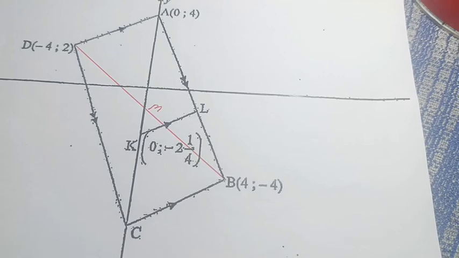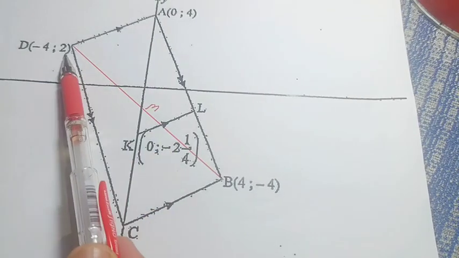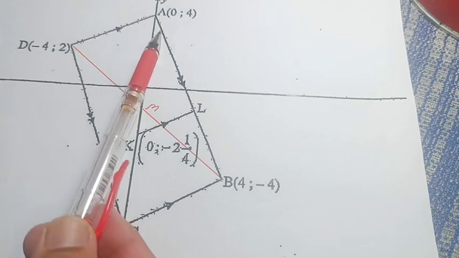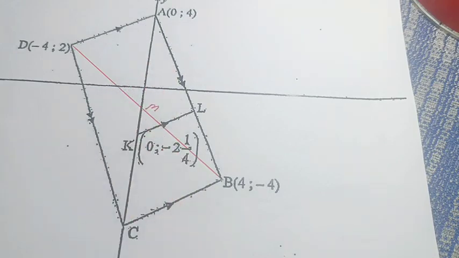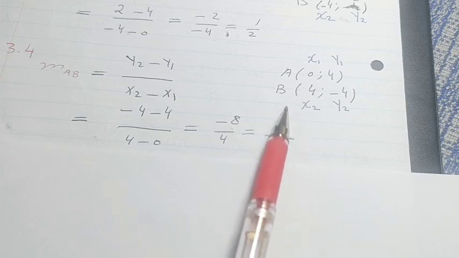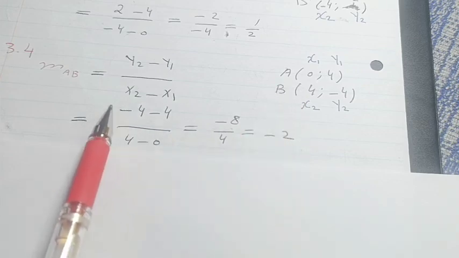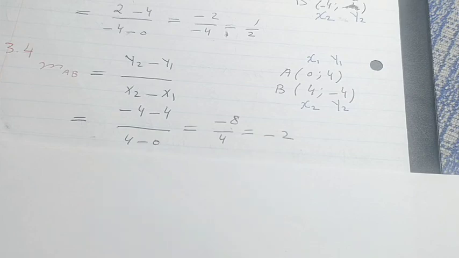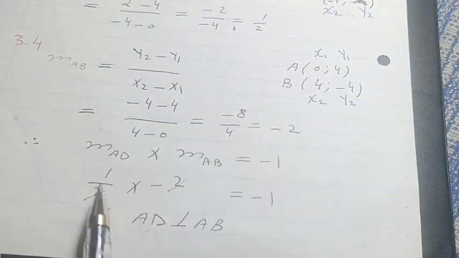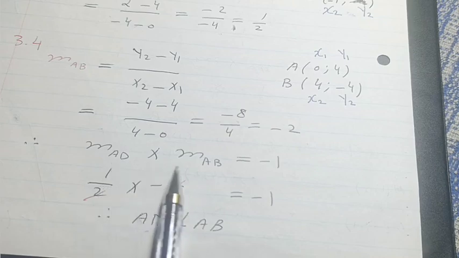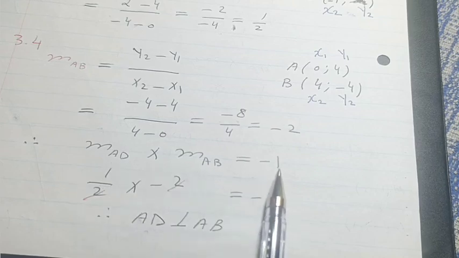Now the question says: prove that AD is perpendicular to AB. So we need to prove AD, this one, is perpendicular to AB. I'll show you how. These are the coordinates of A and B, and I plug them into this formula, and I get the answer -2. Now I write: gradient of AD multiplied by gradient of AB must be equal to -1.